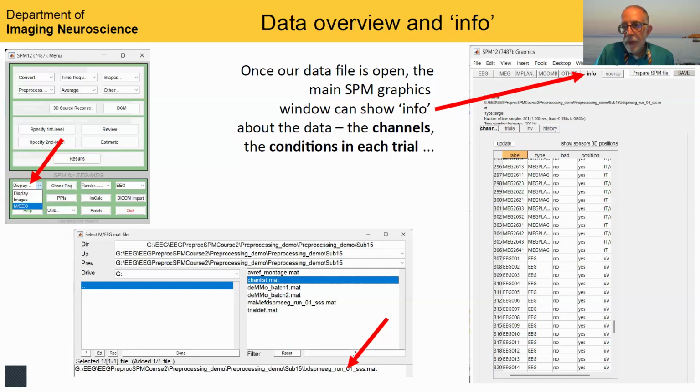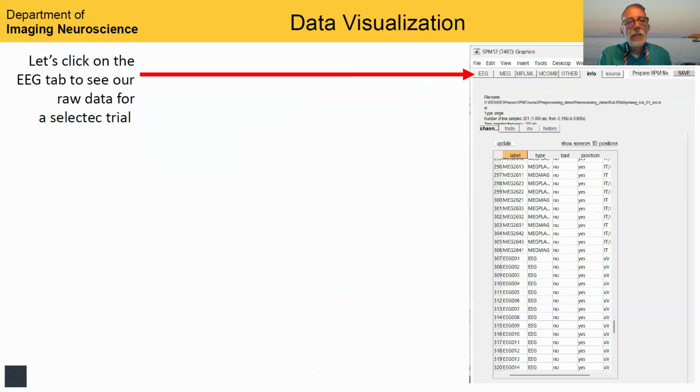The inversion tab we are not going to deal with today; it is about using an inversion transformation to locate sources of our signal. And the history just records what has gone into making the file that we are displaying. So let's click on the EEG tab to see our raw data for a selected trial.